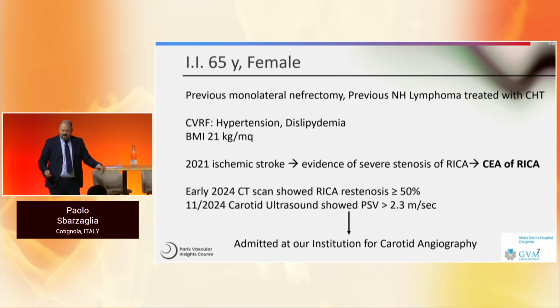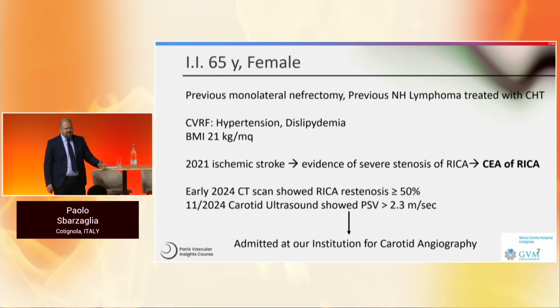In early 2024, she had a CT scan in the follow-up that showed a restenosis which seemed to be more than 50%, and she also had a carotid ultrasound showing a severe acceleration with PSV superior to 2.3 meters per second.